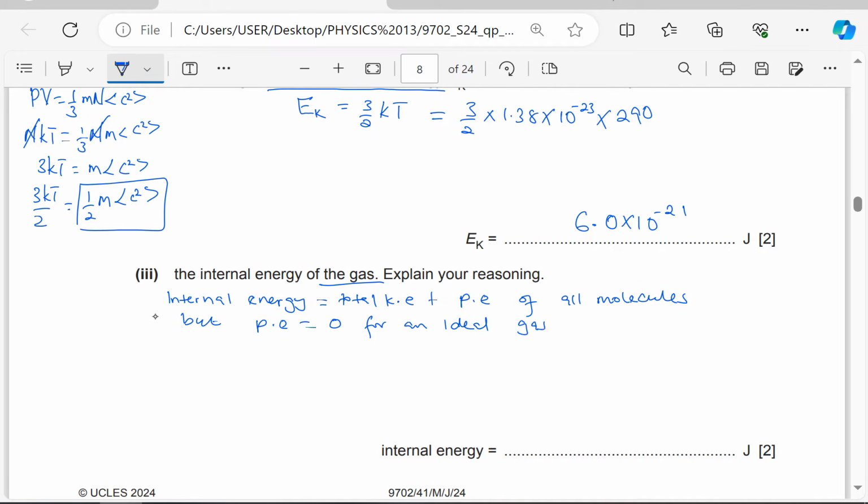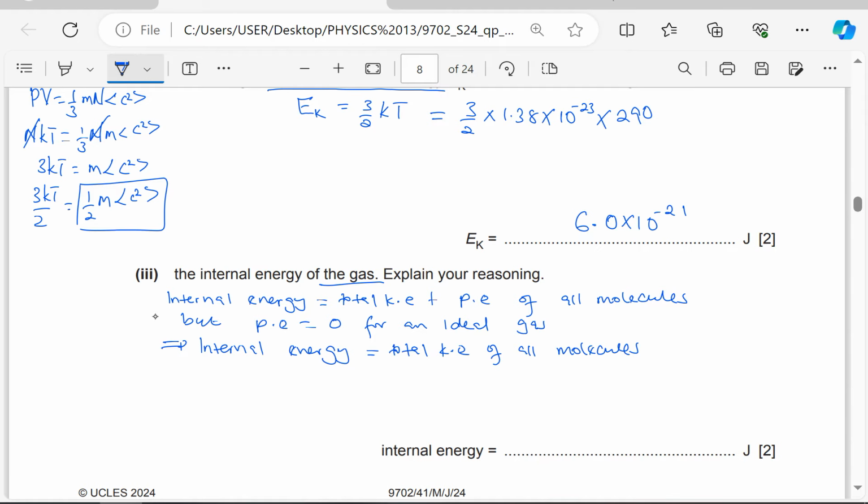An ideal gas, which implies that the internal energy is just going to be equal to the total kinetic energy of all the molecules.